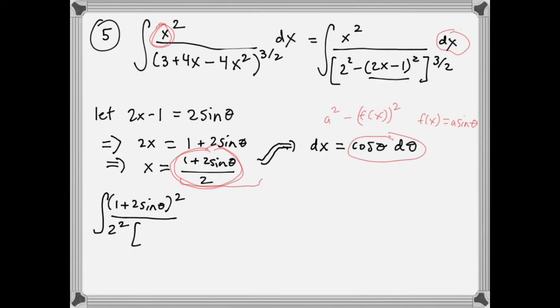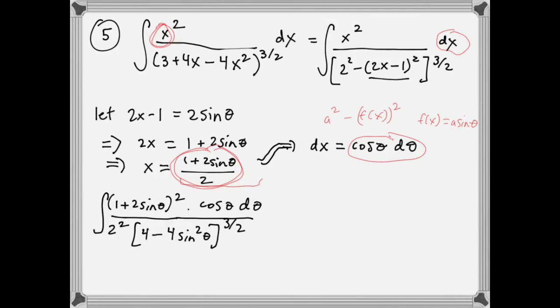So then I have 2 squared, let me write it this way, 4 minus, remember I'm replacing 2x minus 1 with 2 sine theta, so it's going to be 4 sine squared theta, and then all to the 3 halves. And then my dx, don't forget the dx, cosine theta d theta. So this is my new integral.